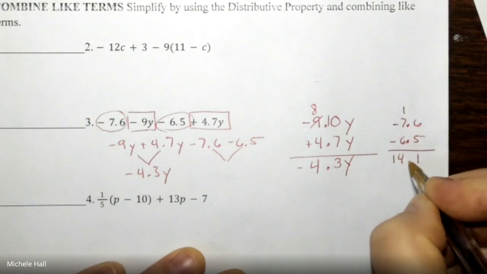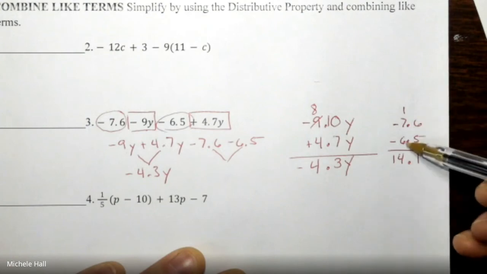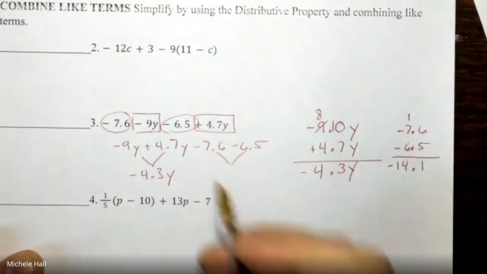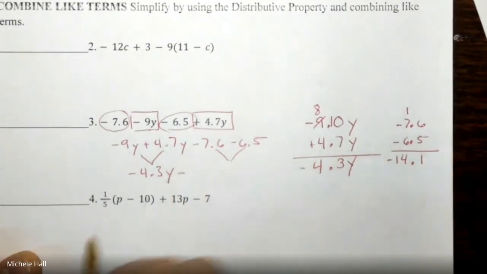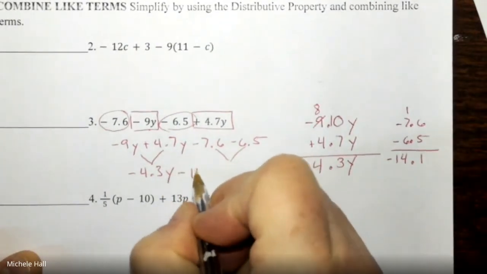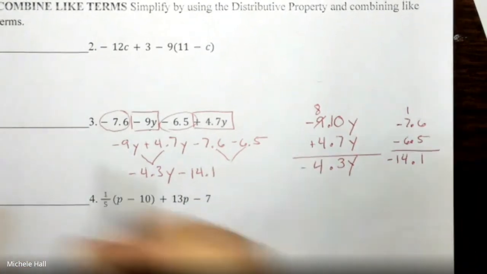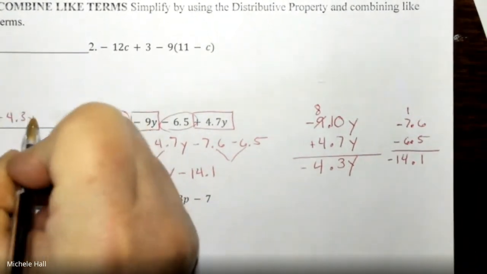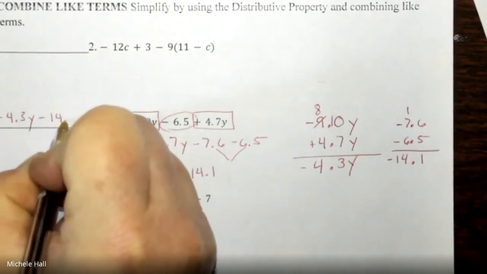Bring down my decimal. These are the same sign, so I need to add them up and keep the same sign. So that would be negative 4 and 3/10 y minus 14 and 1/10.